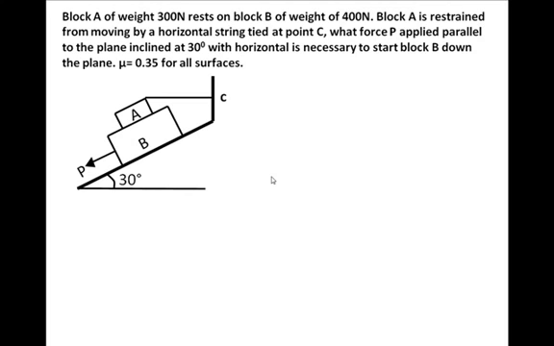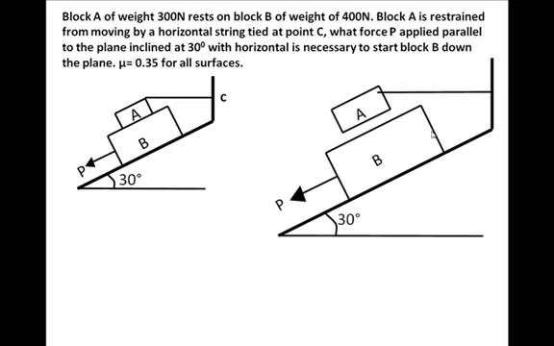In problems like these, the first step is to draw free bodies of all the bodies, that is A and B. So here for B, we are trying to draw all the forces: the weight, the normal reaction from A, and the two frictional forces. Note that a reaction will always be perpendicular to the surface it is touching. So this is perpendicular to the surface of A, and this is perpendicular to the surface of the plane.